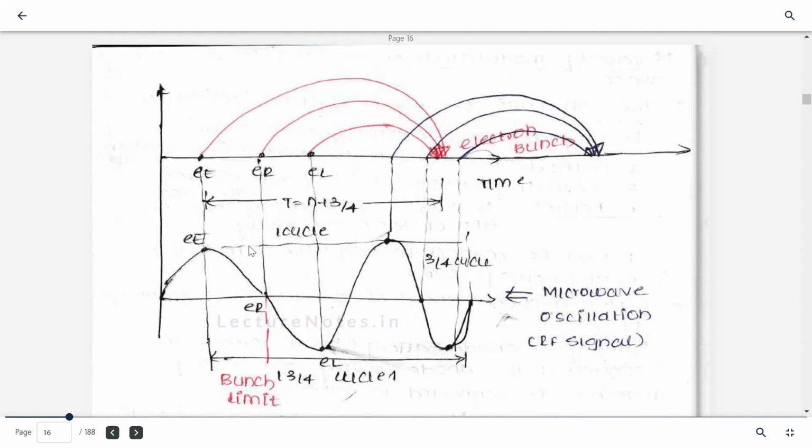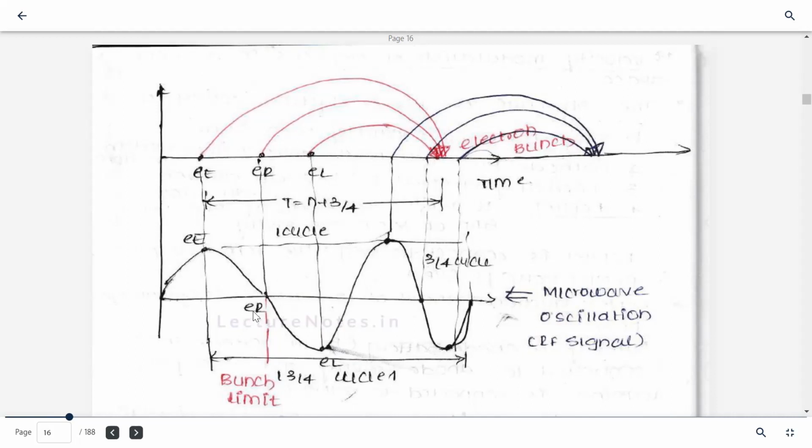The return time of early electrons is greater as the depth of penetration into the repeller space is more. Hence, early electrons appear with ER, that is the reference electron, at the gap for a second time at the same instant.